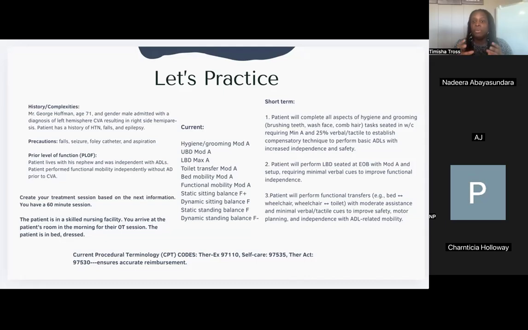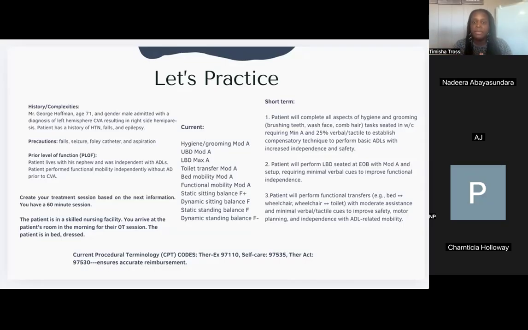Your therapy codes might look a little different depending on what facility you're in, but a lot of clinicians are working with the older adult population in skilled nursing facilities, so this is why I based it off of that. So you have TheraEx, which is therapeutic exercise, and self-care, which is very straightforward.